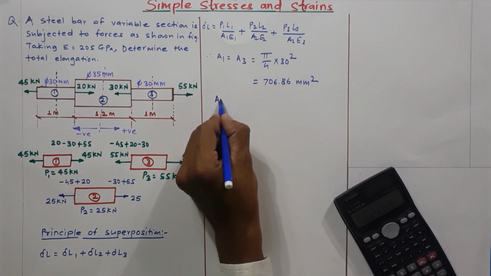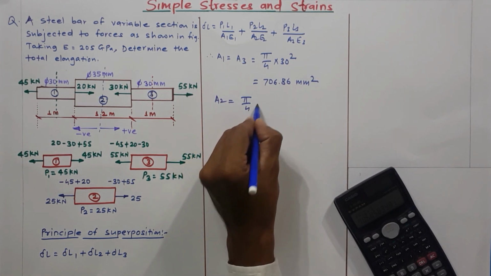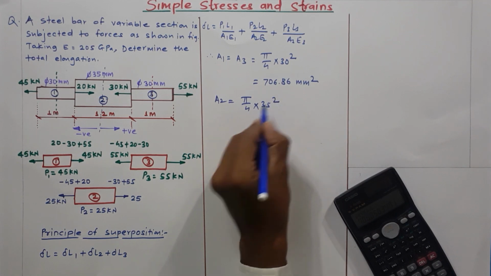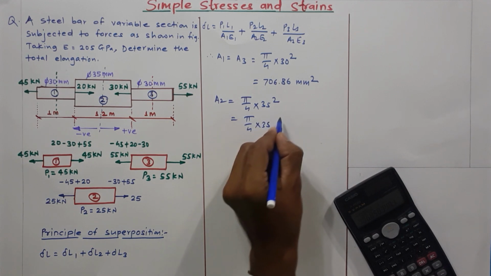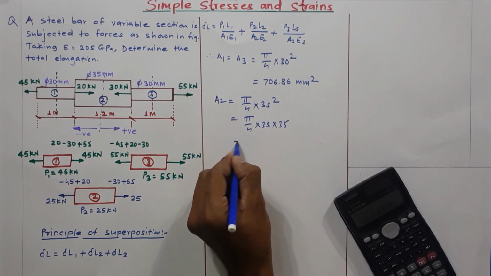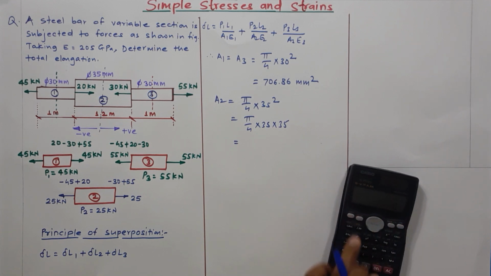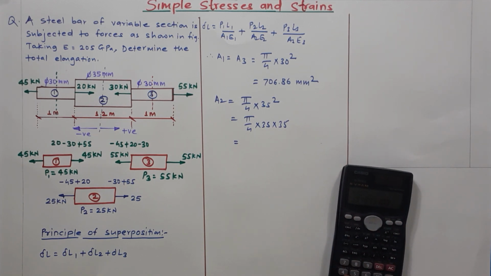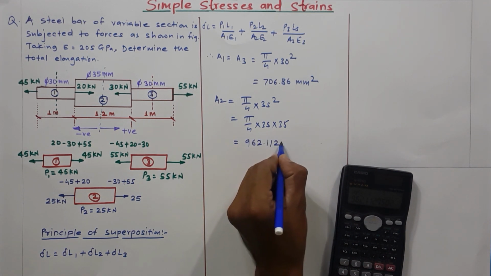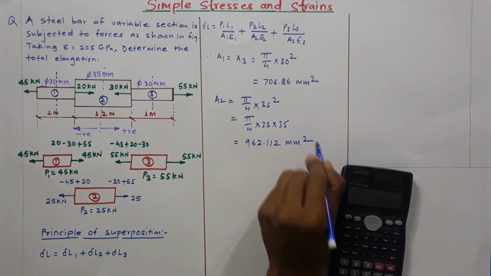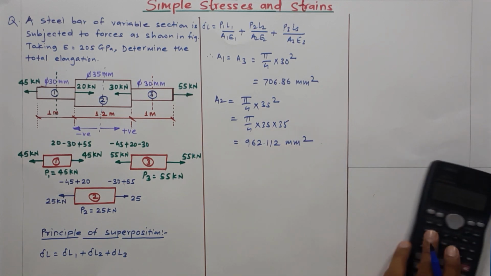Then find out area of second part, that is pi by 4 into 35 into 35, and that area is 962.112 mm square. We got area of each and every part.